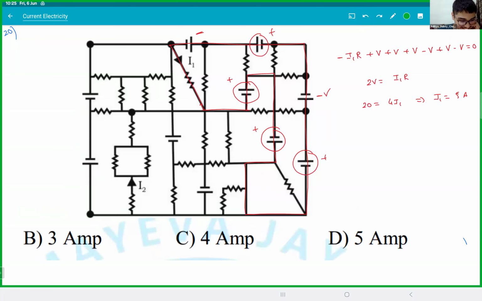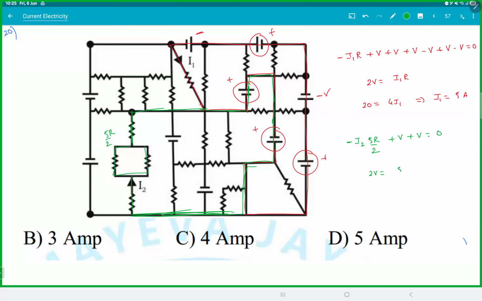Now see this thing. These 4 are in series here. So that will be how much? 5R by 2. So I'll go like this. I will follow this guy. Then I'll come back like this. So this will be minus I2 times 5R by 2. I'm going through a battery, and I'm done.